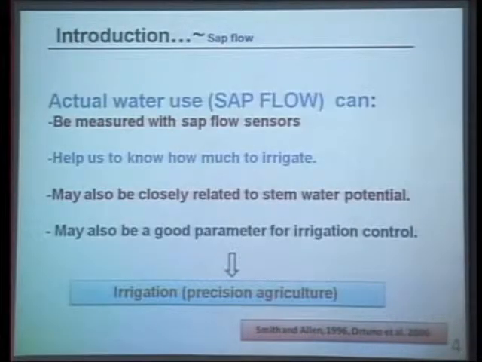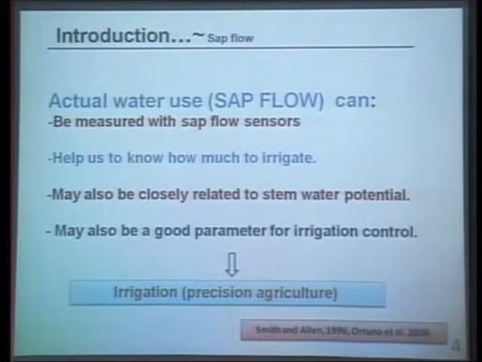Sap flow means the amount of water moving within the xylem in the sapwood according to the transpiration demand of the climate, and this is the actual water use. Why do we need to understand sap flow? It can be measured with a sap flow sensor.